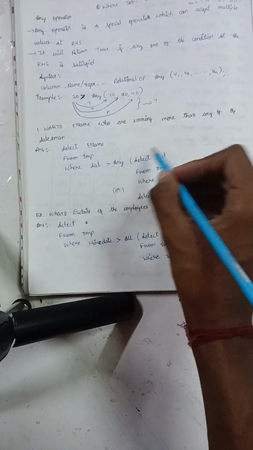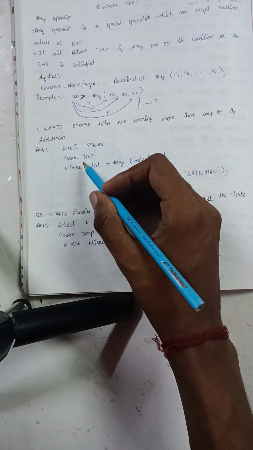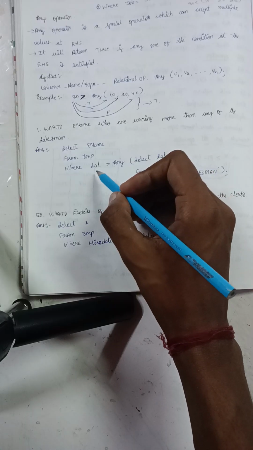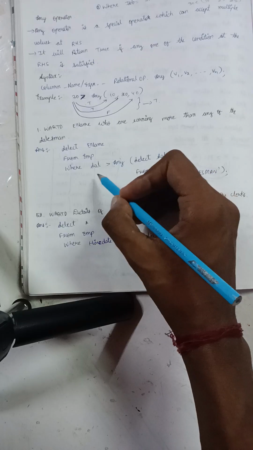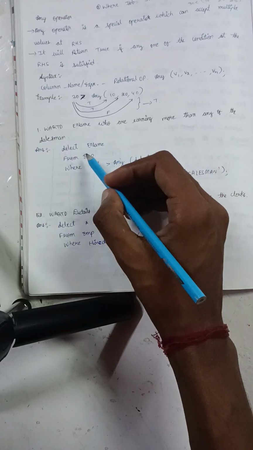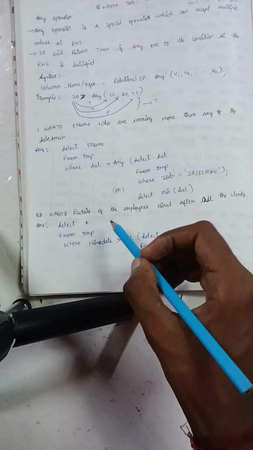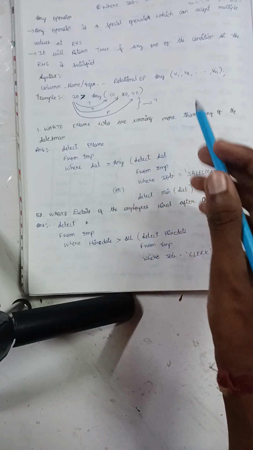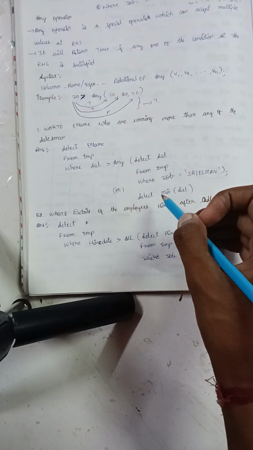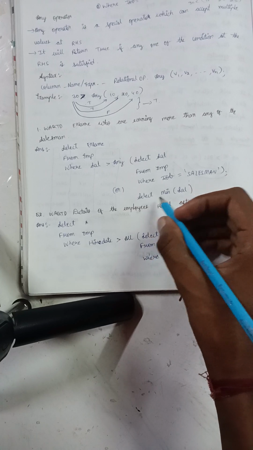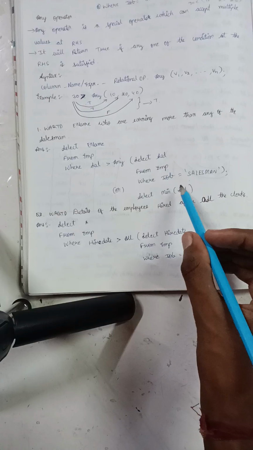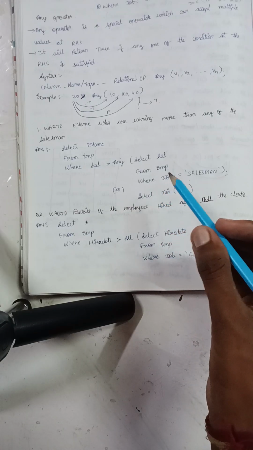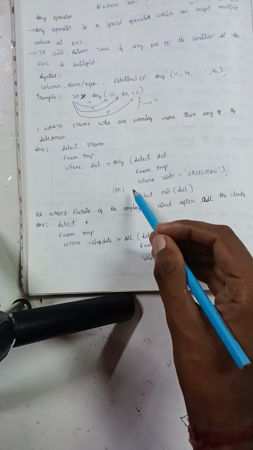Even if we get multiple values, we will compare with this salary, and the names of those who are earning more than this employee salary will be displayed. Or, as I said above, we can use a multi-row function: select min of sal. Here we get only one minimum salary, and those who are earning more than them can be displayed.